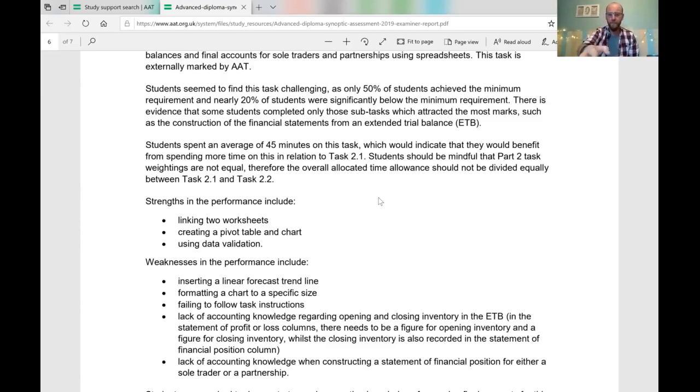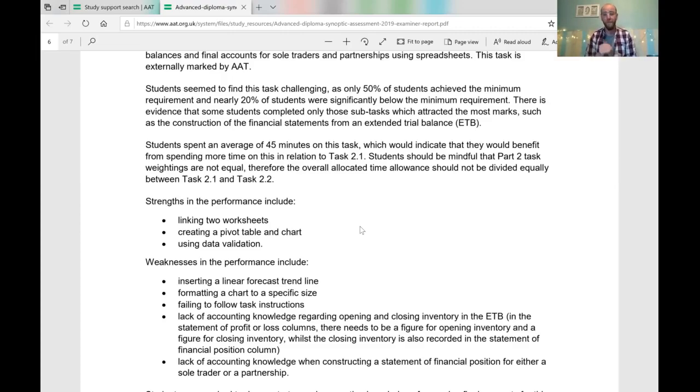And it says there is evidence that some students completed only the subtasks we've just covered, which attracted the most marks, such as the construction of the financial statements from the extended trial balance. It says students spend an average of 45 minutes on this task, which would indicate that they would benefit from spending more time on this task in relation to task 2.1.